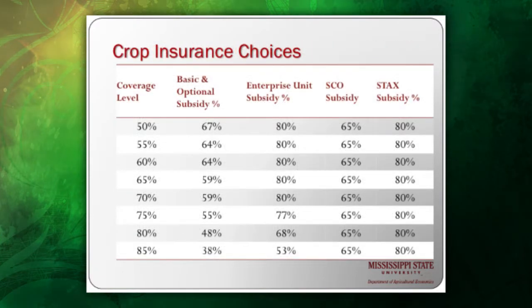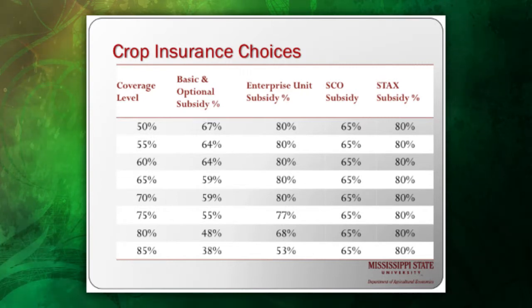The next slide shows the subsidy schedule as defined by law for crop insurance. You see that the table has various rows reflecting different coverage levels, and then columns reflecting base and optional unit subsidies, enterprise unit subsidies, the SCO, and the STAX subsidy.